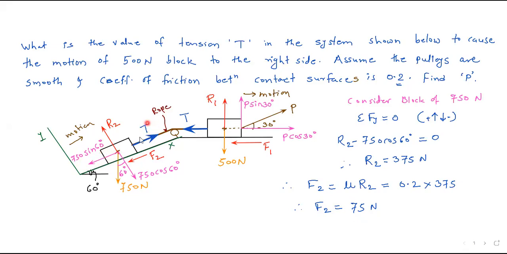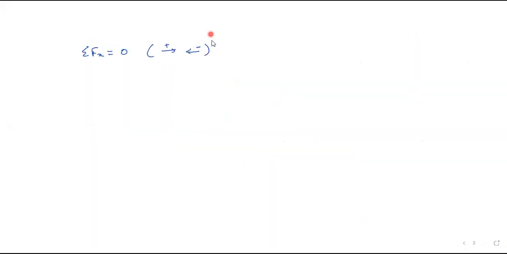Okay. So now here only T is plus, so I will write over there. So here T, which is plus, minus 75, that is my F2 value, and minus 750 sin 60, which is equal to 0.